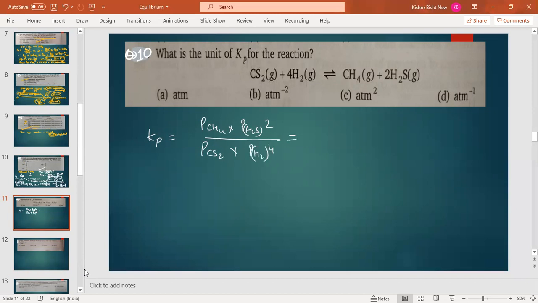Now in the numerator the total power of atm is 3, and in the denominator the total power of atm is 5. So you will get atm to the power minus 2. B is the correct answer.